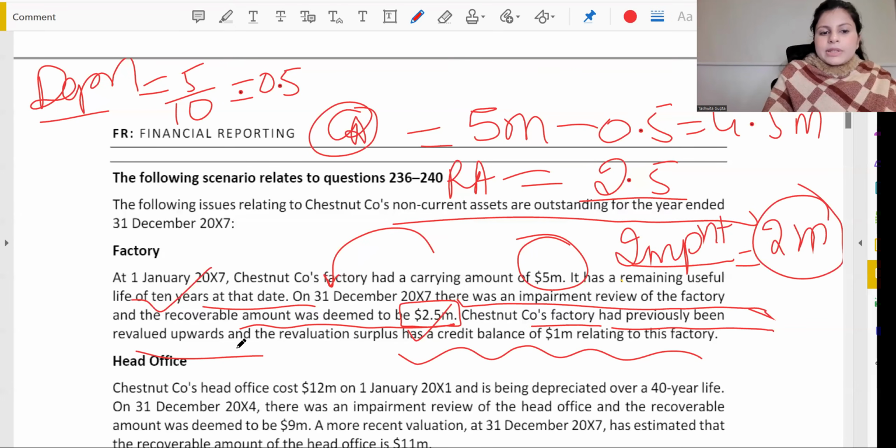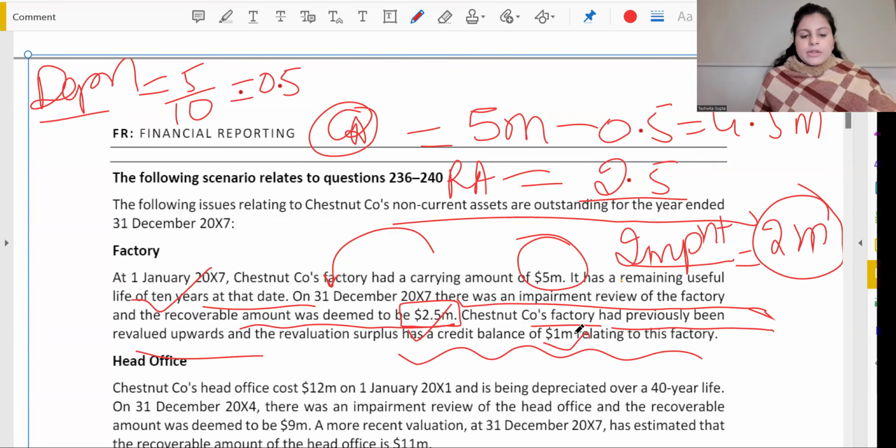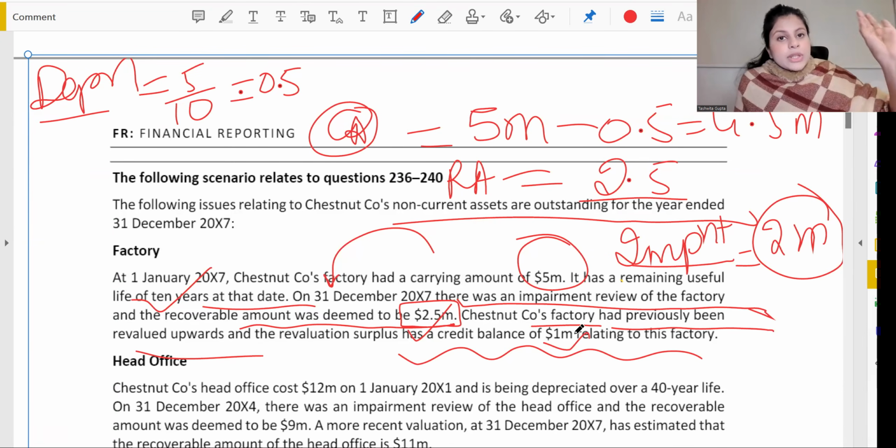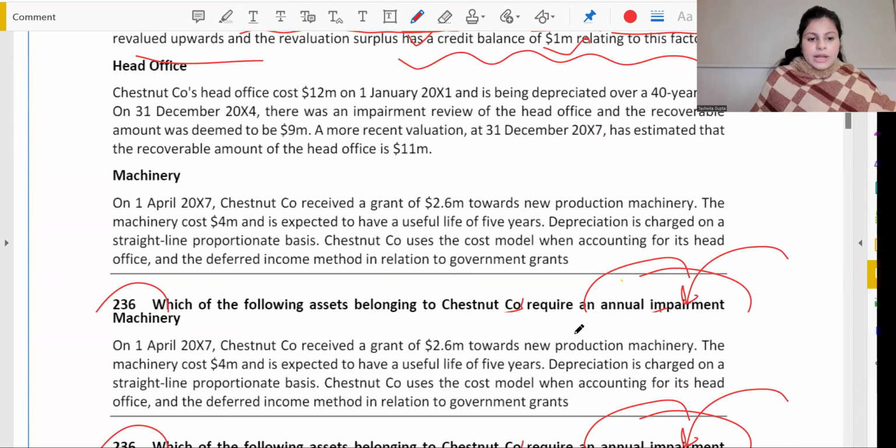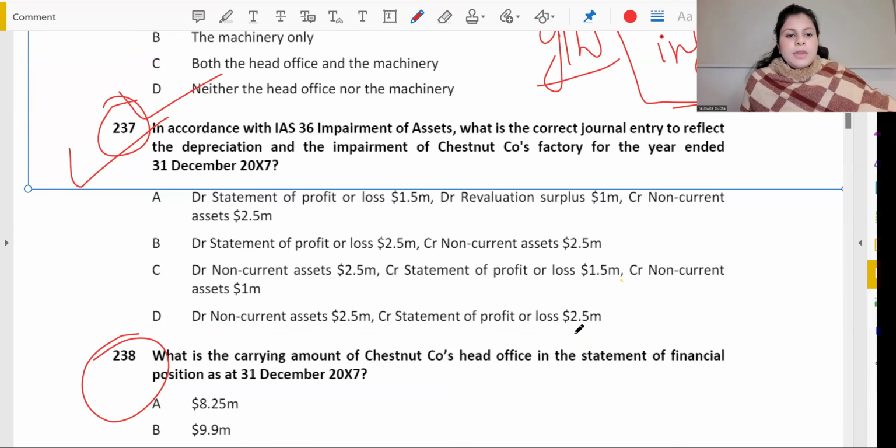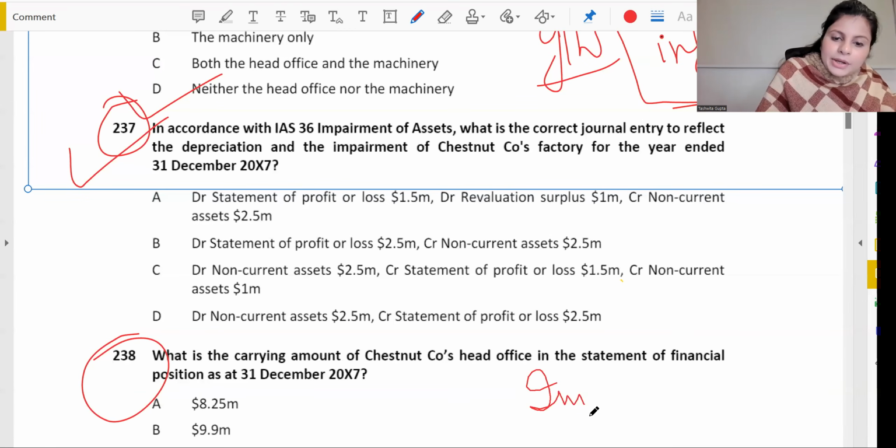But related to this, there was a surplus balance of 1 million. So first you take out the impairment from revaluation surplus and the remaining balance is taken via P&L. I hope everyone knows it. So tell me what would be the correct entry. My non-current asset will be credited. During the year there's an impairment of 2 million, and we just calculated this year's depreciation was 0.5.